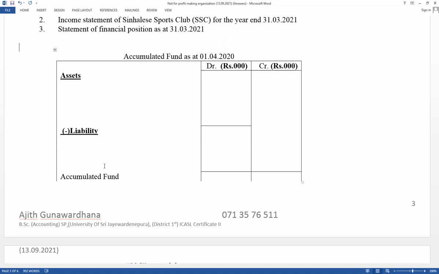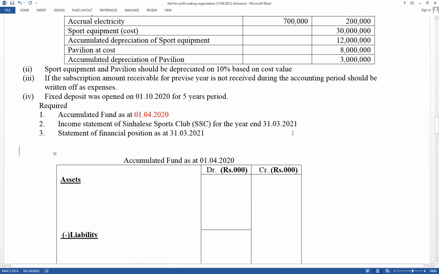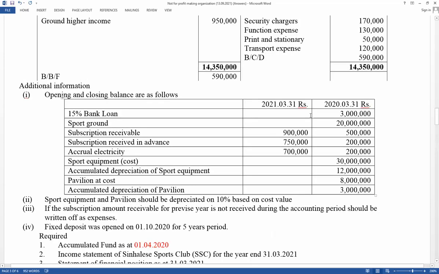Opening balance. It has been given as opening balance in the additional information, first one. Therefore, opening balances should be included in the statement for calculating accumulated fund.